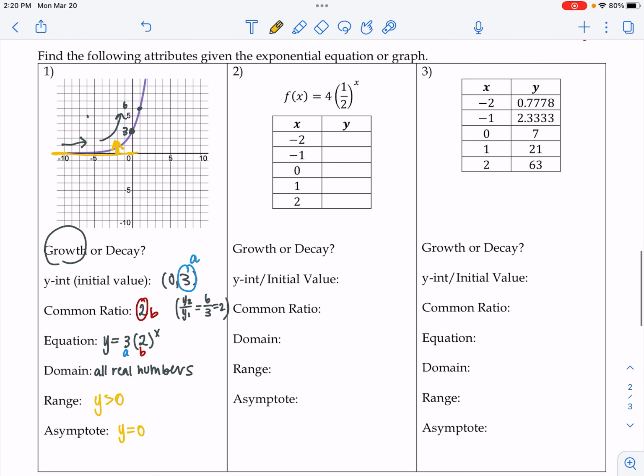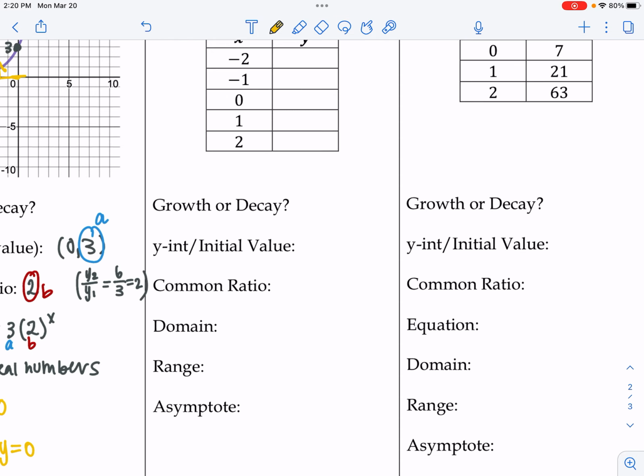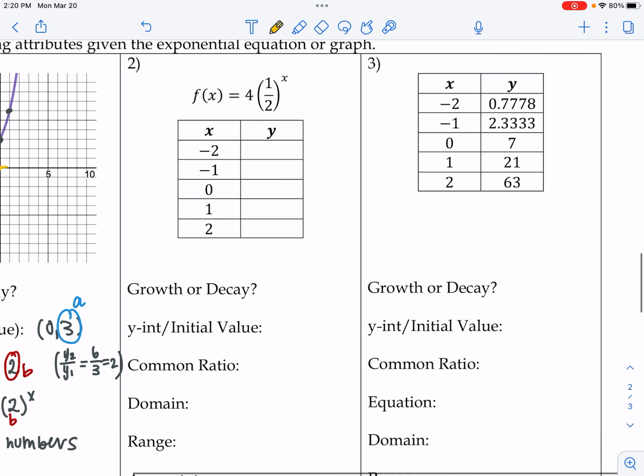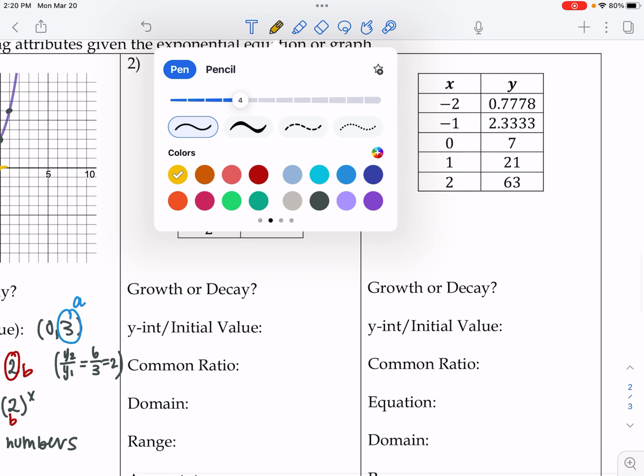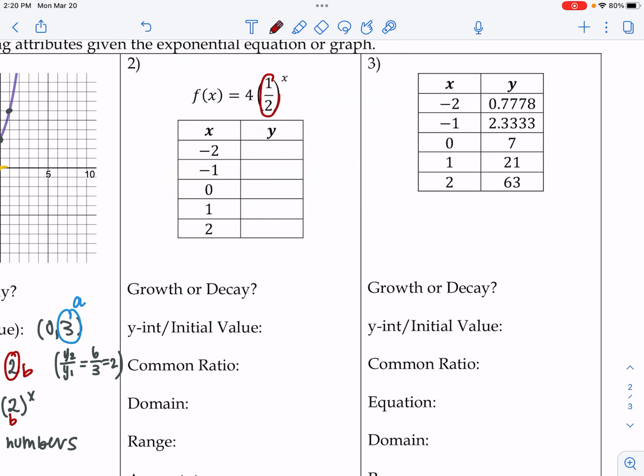Okay, here we don't have a graph, we have an equation, so we can fill in some of it. We'll want the graph for the range and asymptote. Okay, and so just looking at this common ratio of 1/2, since that is less than 1, we know it's decay. 1/2 is less than 1.